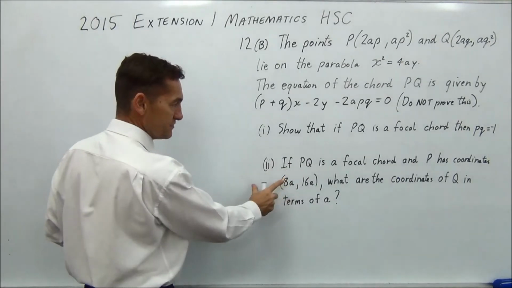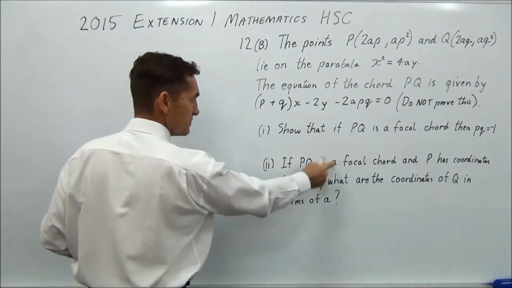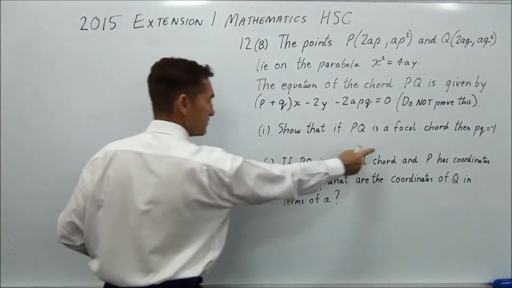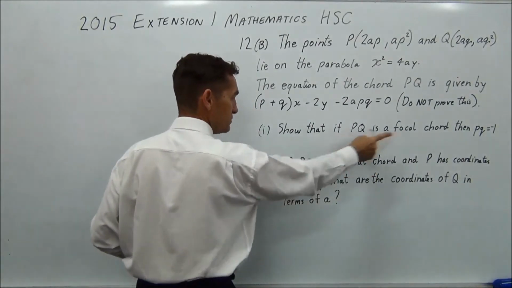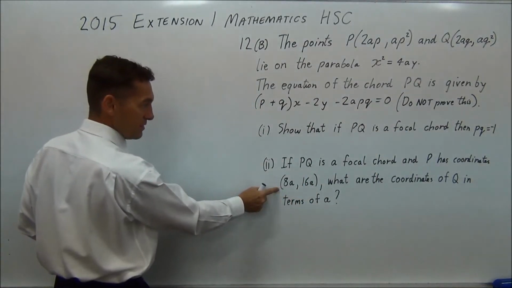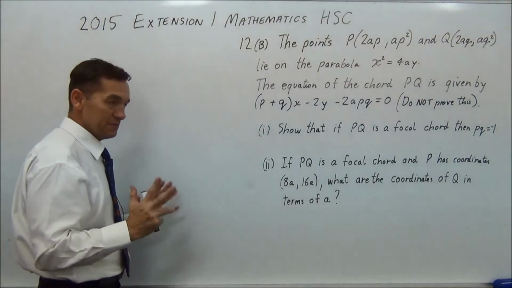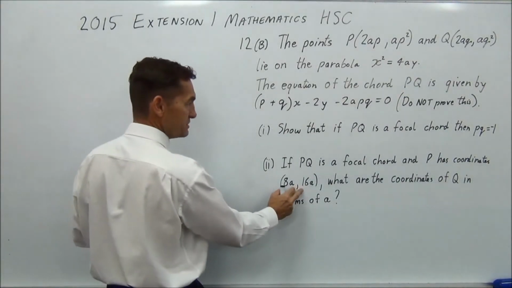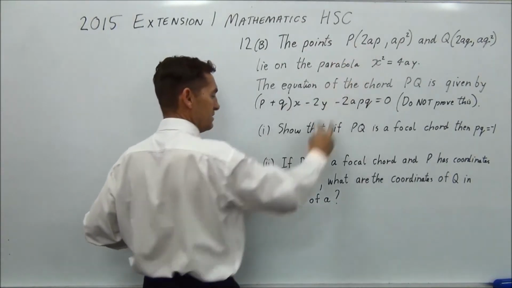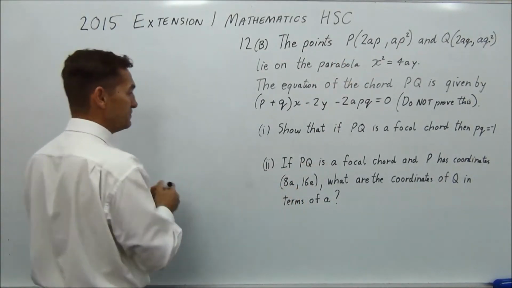If PQ is a focal chord, so they've said use this. See? Focal chord, focal chord. If it is, then use it. P has coordinates of that, so that should ring some sort of bells to say P is that. Let's match them up. So that should be your first move.